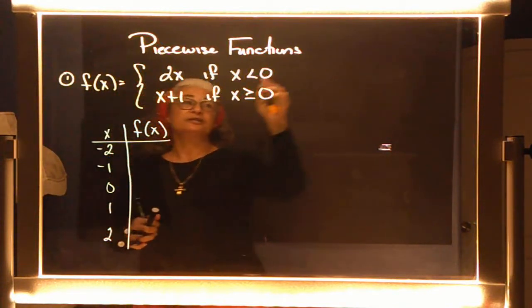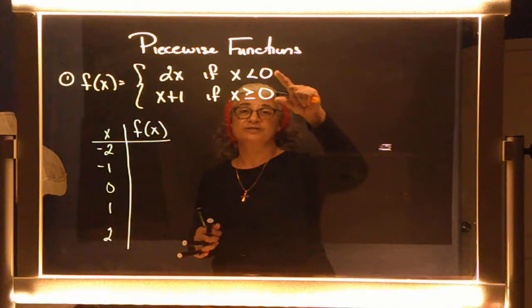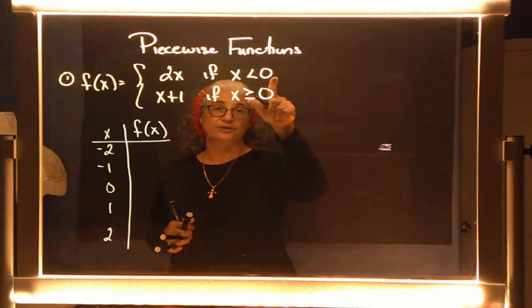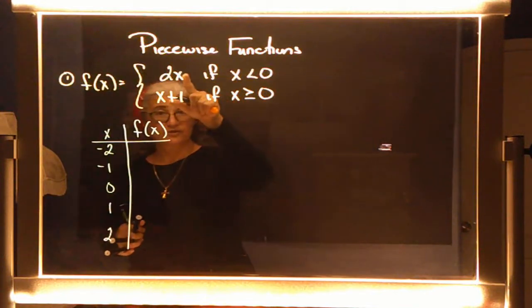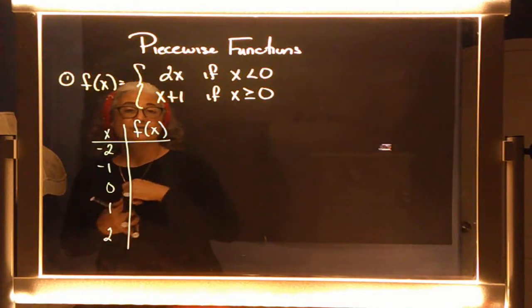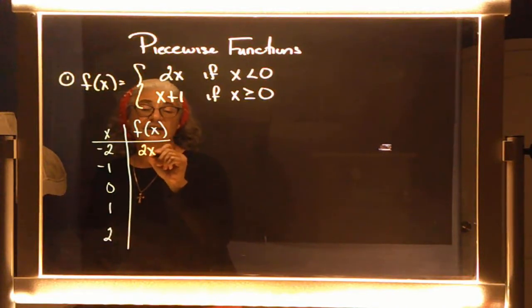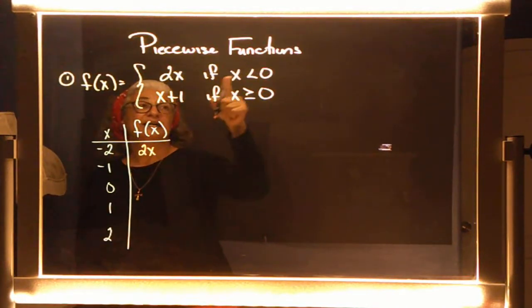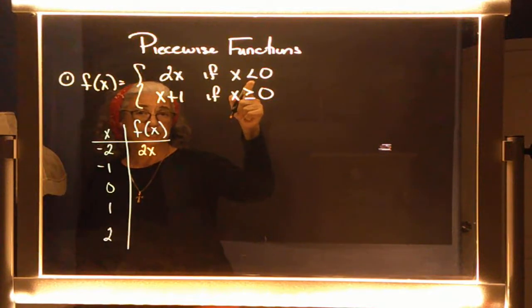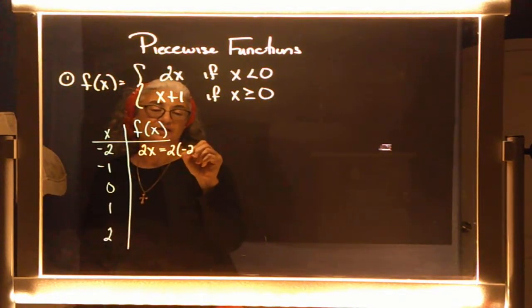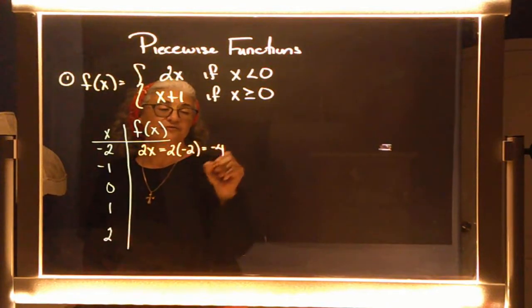Okay, so if I want to plug in -2, x is equal to -2. Well, according to these two restrictions, since -2 is less than 0, I must use the first piece. So to figure out f of x, I need to use the 2x piece because my x is less than 0. With me? Which means I'm going to do 2 times -2, which gives me -4.